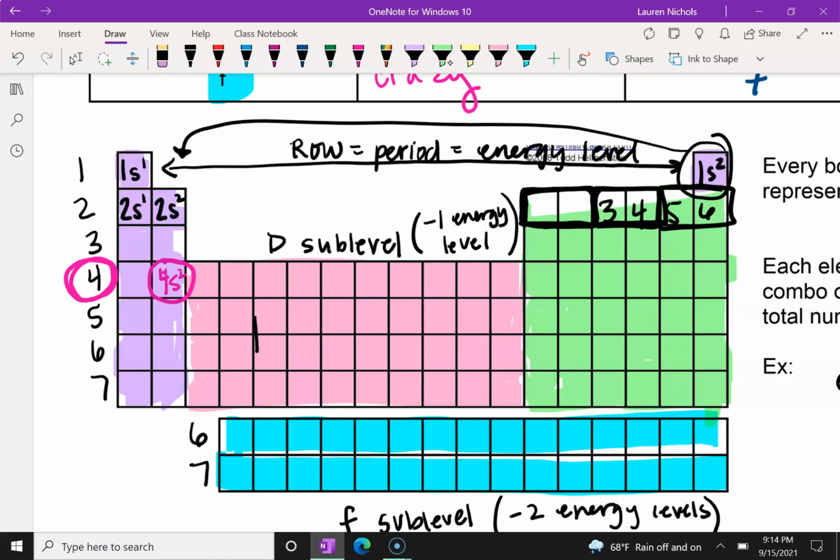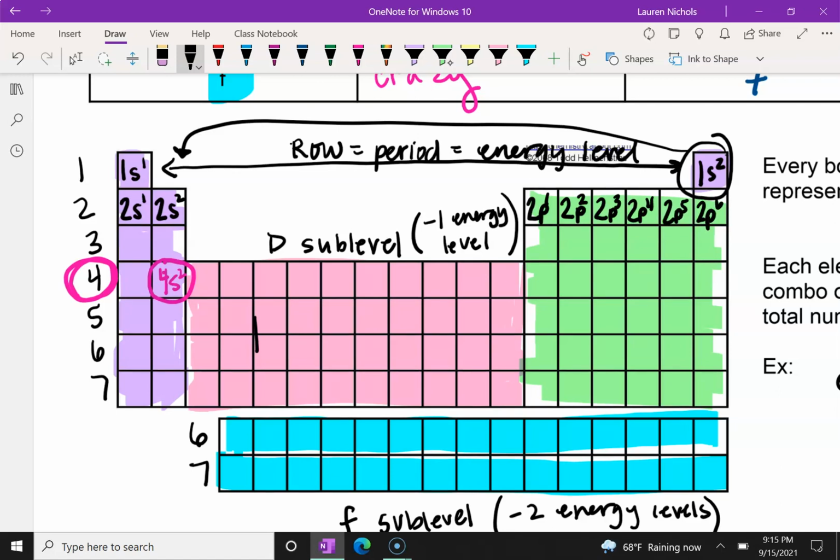And we can do that in the P sublevel too. So I have to put my green back. Hold on one moment. In that first box, I'm still on row number 2, but now I'm in my P sublevel, the first box. 2p2, 2p3, 2p4, 2p5, 2p6.